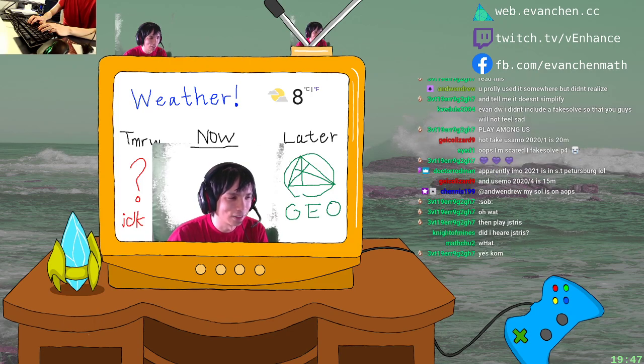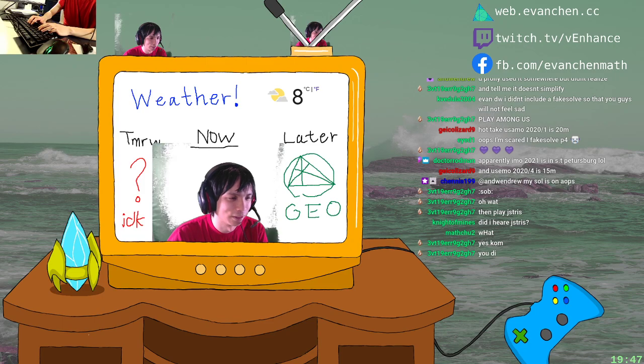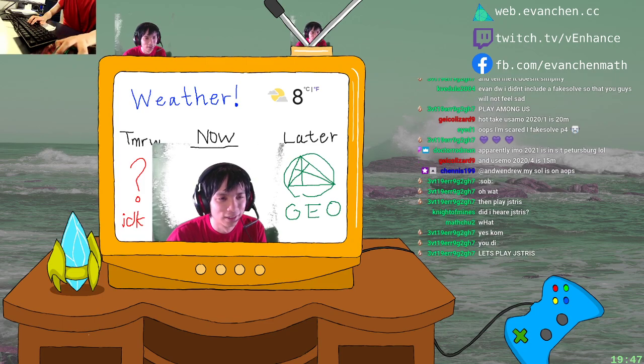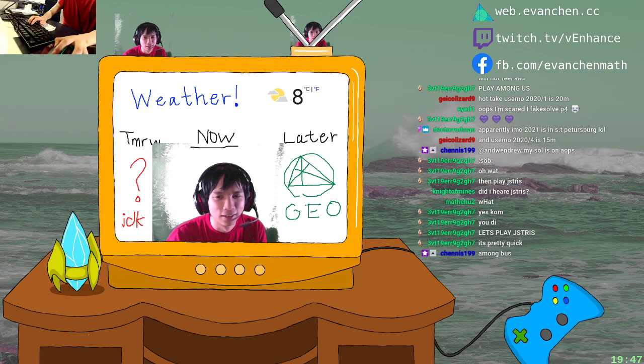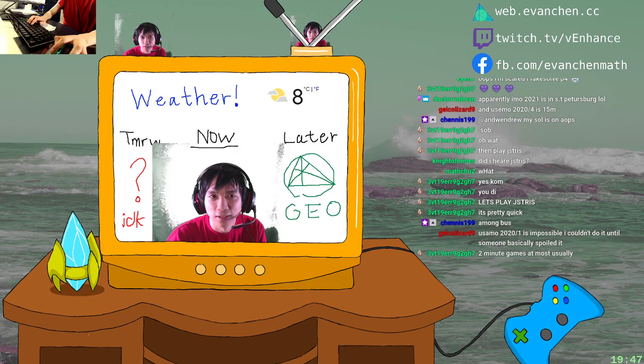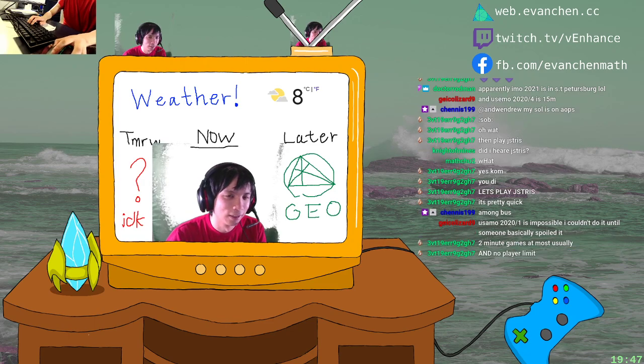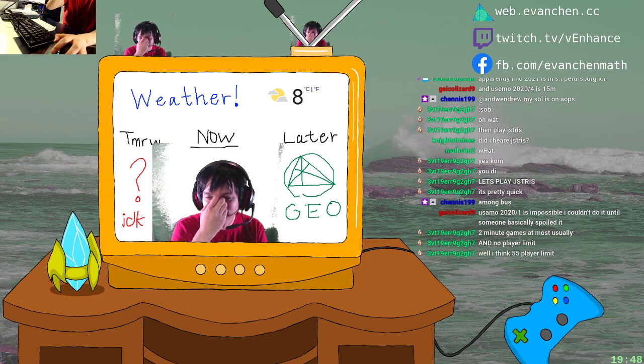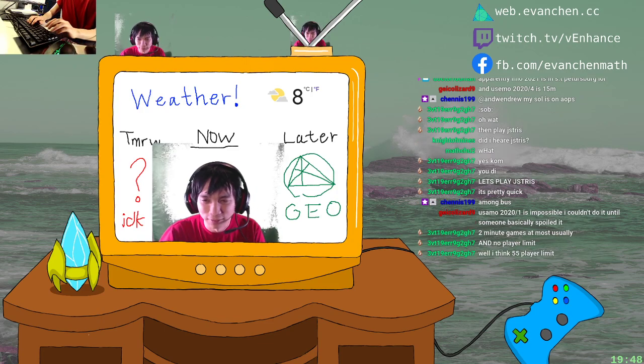How fast is JS Tris? If it's quick, I'll play a game and then end the stream. 2-minute game. Okay, I'll play a quick game of JS Tris and then that'll be it for today. So someone has to explain to me how to use the website.